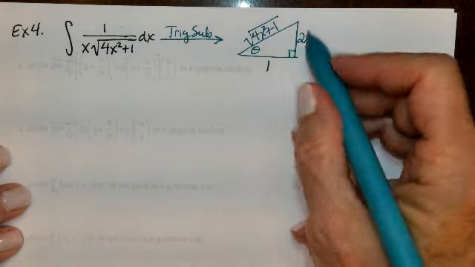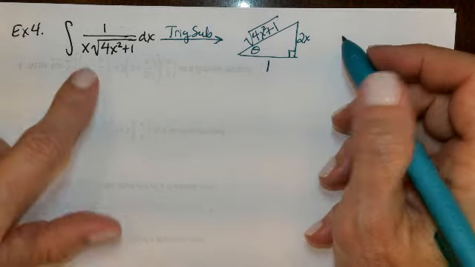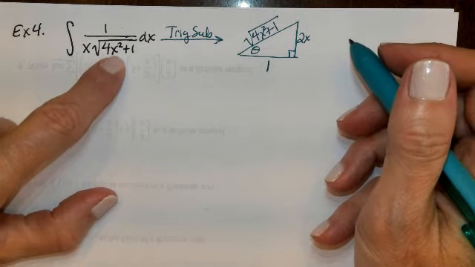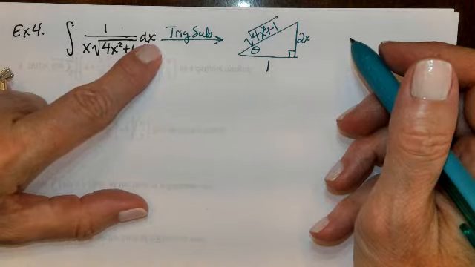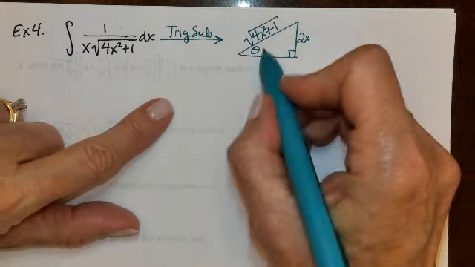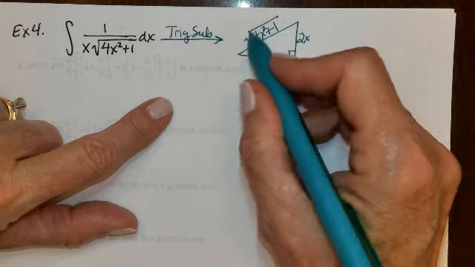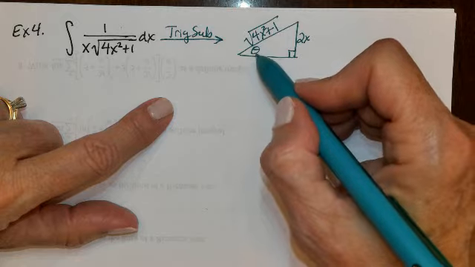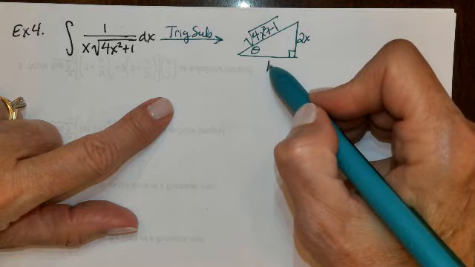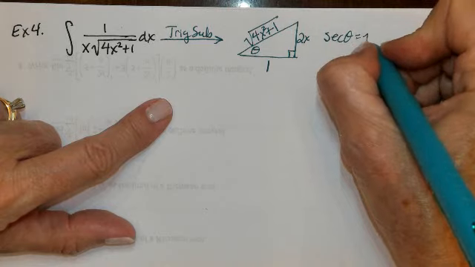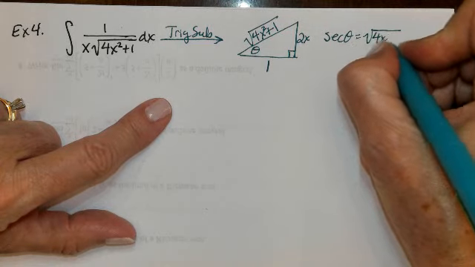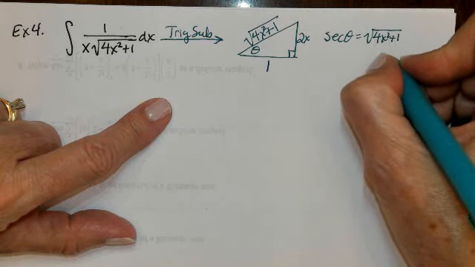All right. We need something to sub in for x. We need something to sub in for that square root, and we need something to sub in for dx. So let's start. I like to start with my square root. So I'm going to use secant because I can use adjacent over hypotenuse. So secant of theta is the square root of 4x squared plus 1 over 1.